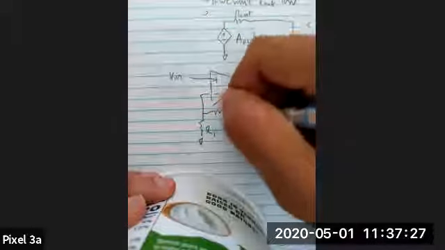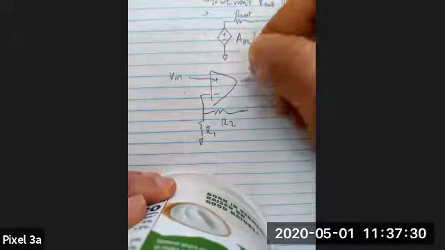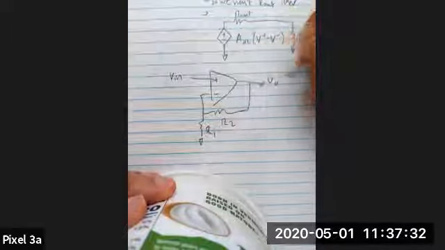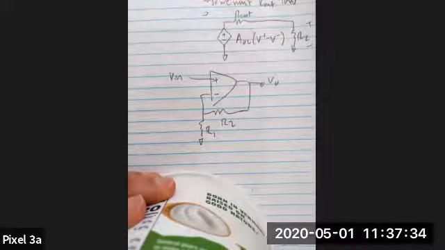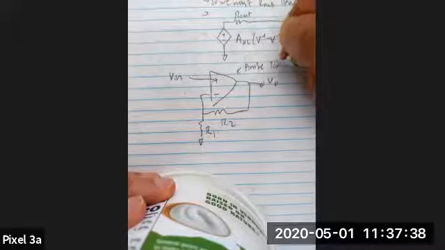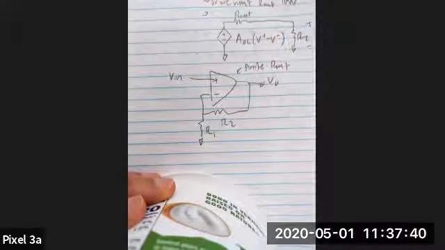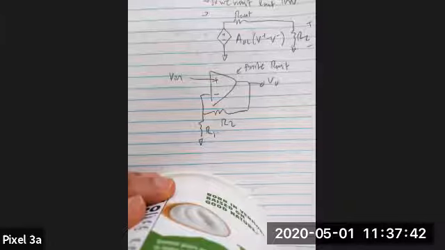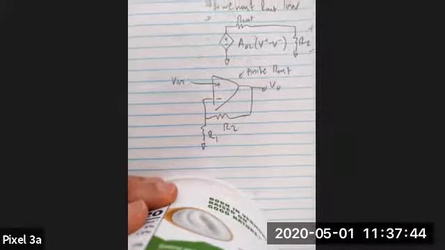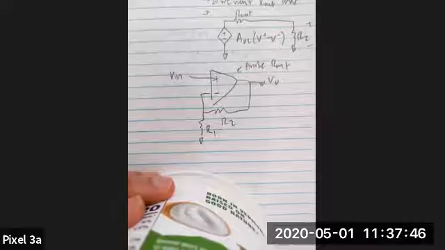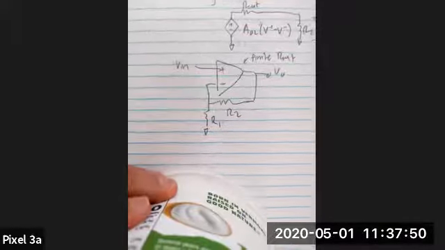This is R1, this is R2, and this is the out. If I said that this one had finite R out, we can find the feedback factor in this case. So how about we give that a shot?